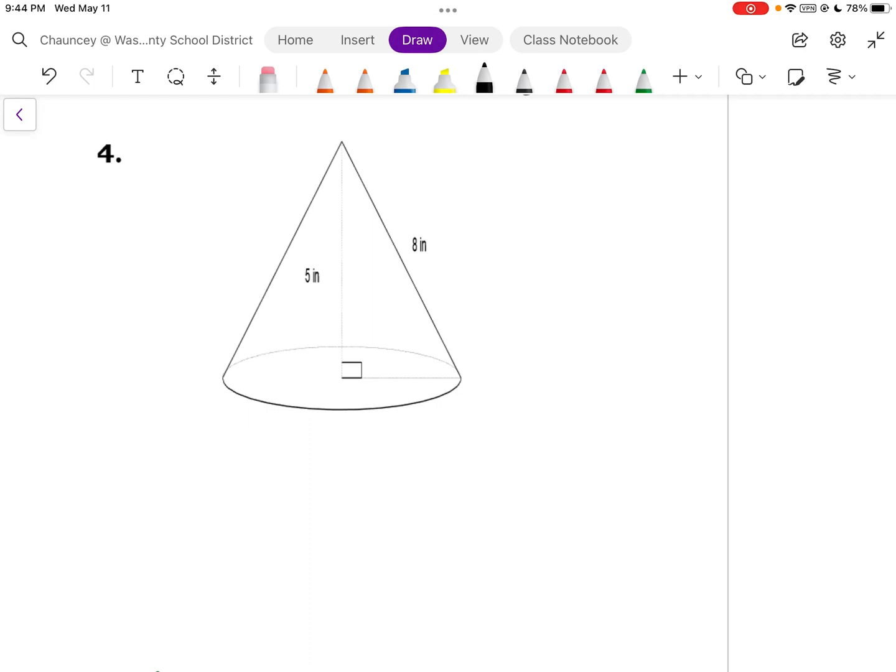So in order to find that, again, Pythagorean. And remember that this 8 inches squared needs to be the hypotenuse. So if we say, okay, 5 squared plus, well, it's our radius, so let's just say r squared equals 8 squared.